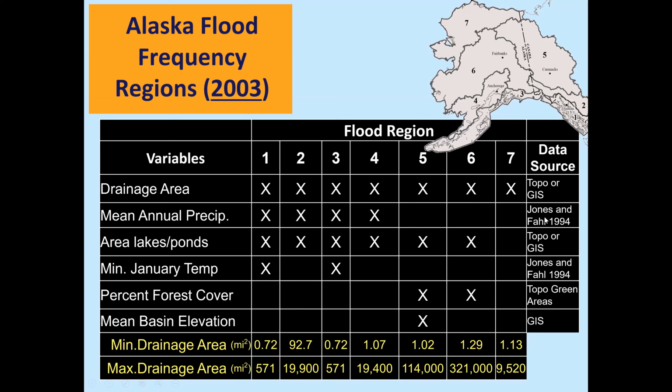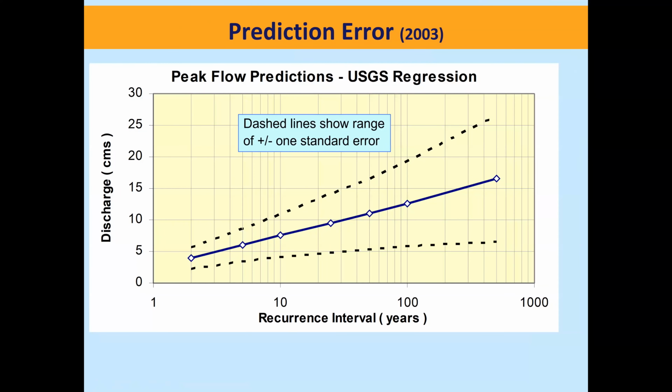The same goes for the data input. You really need to use the input data that was used to generate the equations as your input data as well. So keep all the same data sources for your inputs. All right.